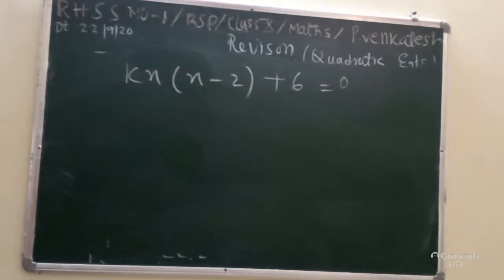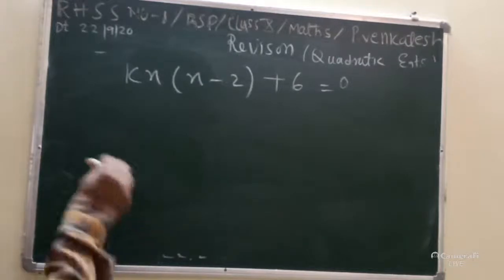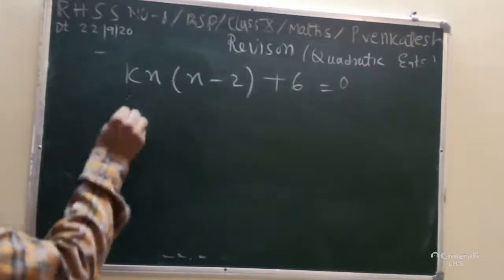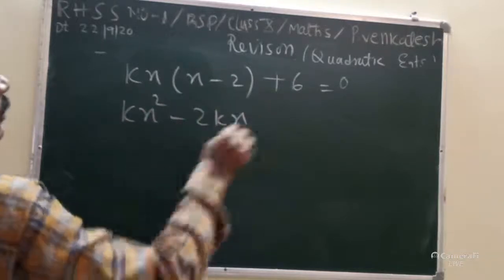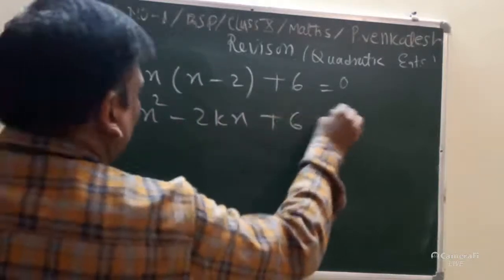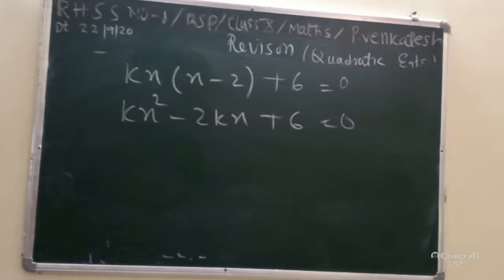kx into x minus 2 plus 6 equal to 0. Simple. kx square minus 2kx plus 6 equal to 0. Now this is a quadratic equation. Now you can do it. Find the value of d. Then the given quadratic equation will have equal roots if the value of d equal to 0.